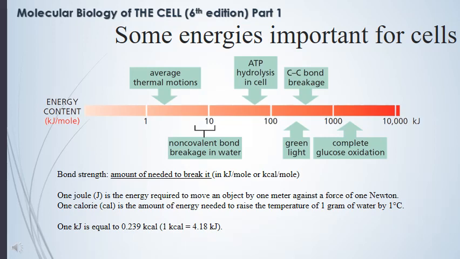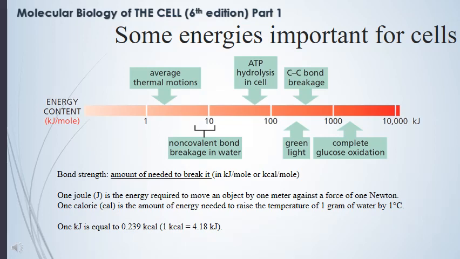And it is represented in kilojoules per mole, or kilocalories per mole. So if you remember from your physics class, a joule is the energy that is required to move an object 1 meter against a force of 1 Newton.